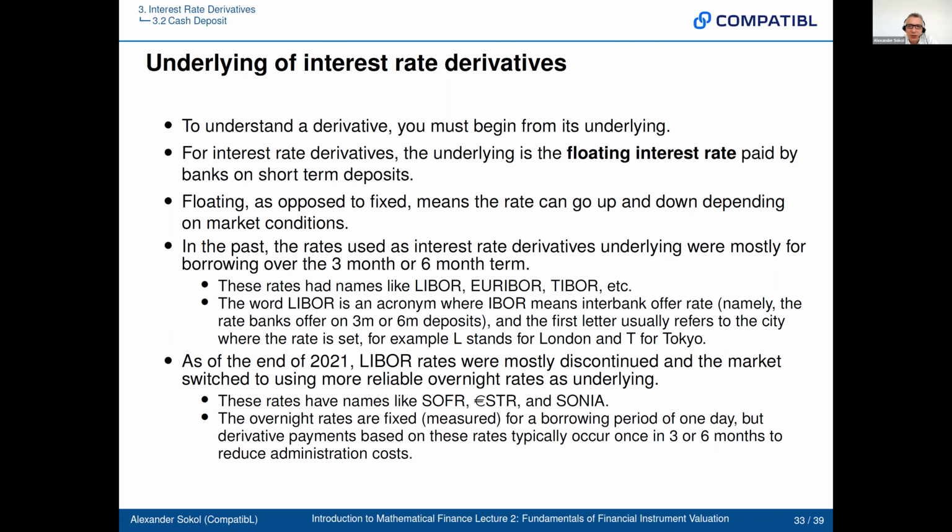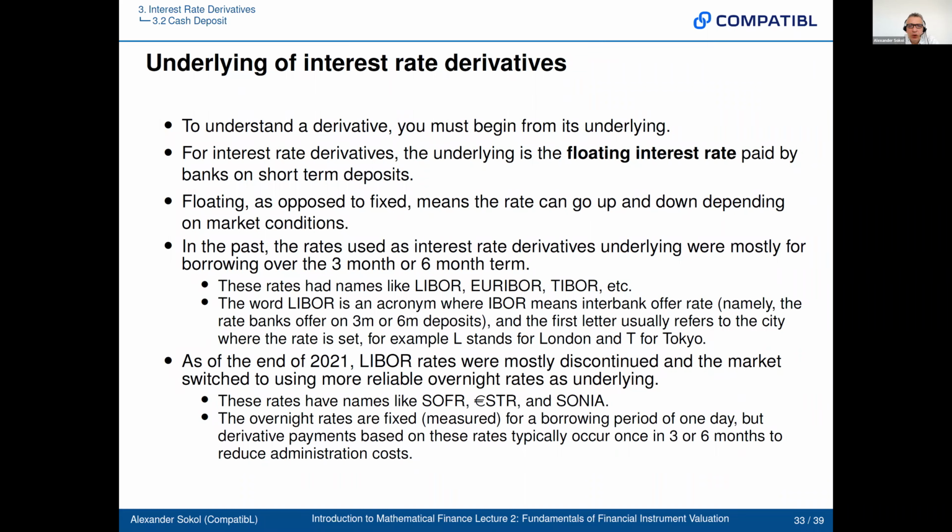It has some historical interest, but the bottom line is that rates such as LIBOR, based on deposits of 3 to 6 months, were eliminated as underlying to interest rate financial instruments and replaced by rates based on overnight lending. But the payments still occur every 3 to 6 months, because there would be a lot of administrative overhead to pay every day.